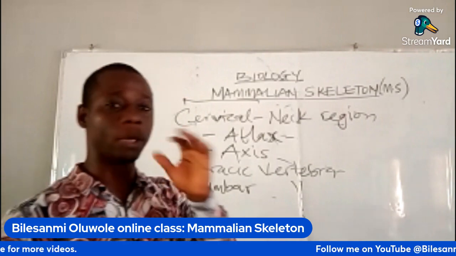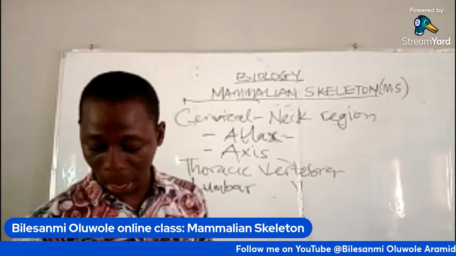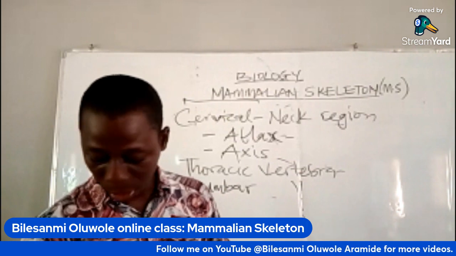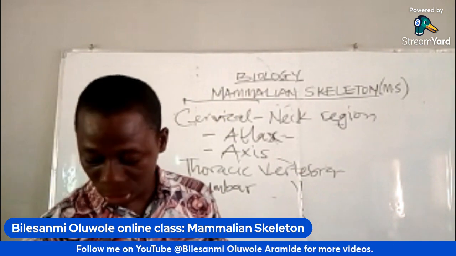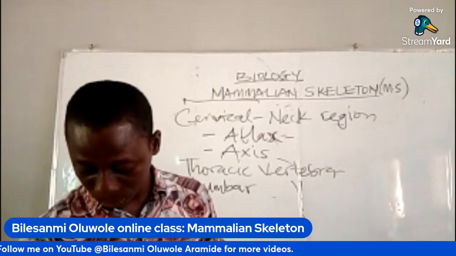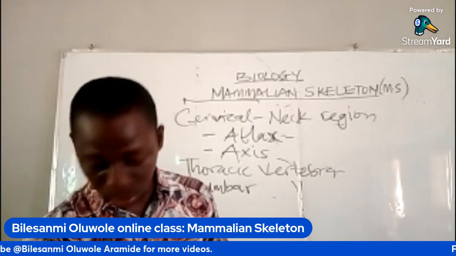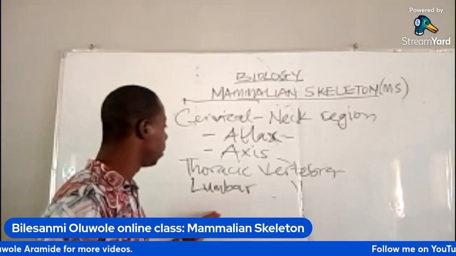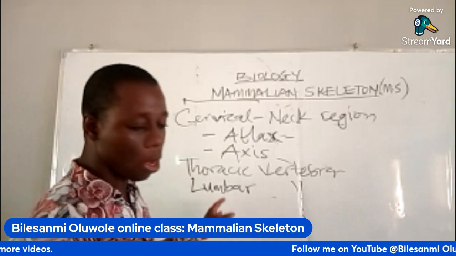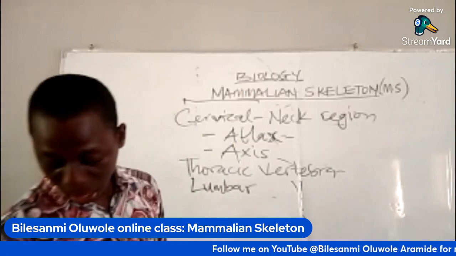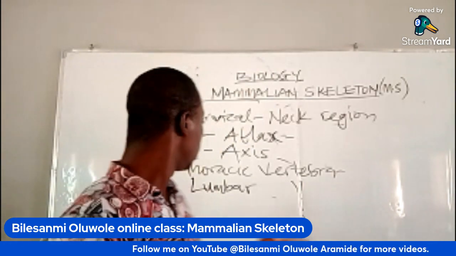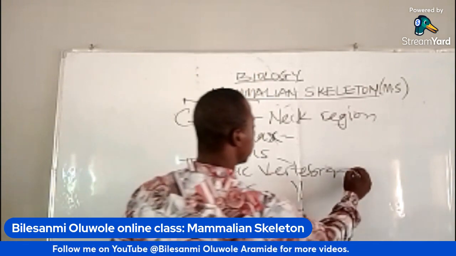When you write the one that ends with ER, we are talking about a log, and that is not what we are talking about right now. So the lumbar vertebra is found at the upper abdominal region.